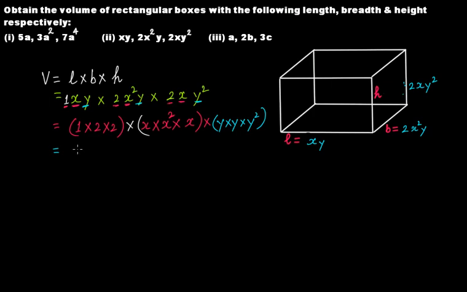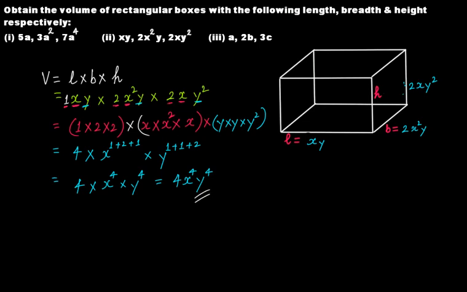Now if you solve it, you'll get 4 multiplied by x raised to the power of 1 plus 2 plus 1, and multiplied by y raised to the power of 1 plus 2. This is 4 x raised to the power of 4 multiplied by y raised to the power of 3. This can be written as 4x^4y^3. This is your answer, right?